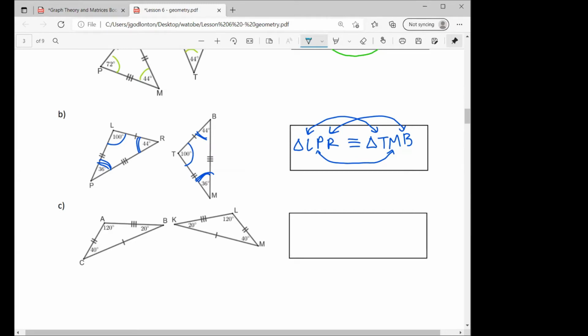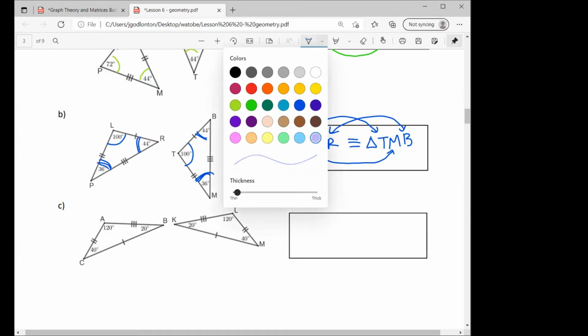All right, let me give you a little bit more time so everyone gets a chance, and then let's go through this one.